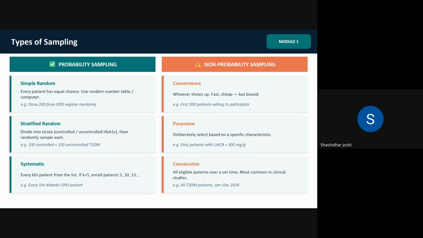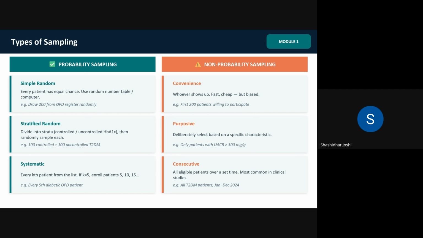If you look at the research questions, the first research question, controlled HbA1c, uncontrolled HbA1c. Just create those two strata, and then apply simple random sampling for controlled, and apply simple random sampling for uncontrolled. Don't worry too much about the technicalities here, I'm just telling you the how part of sampling.